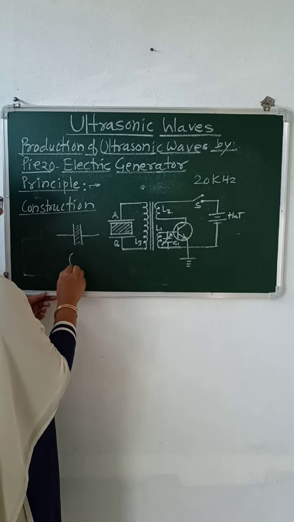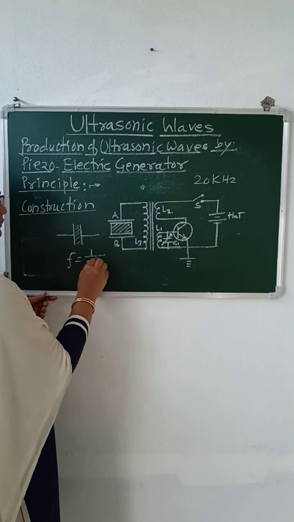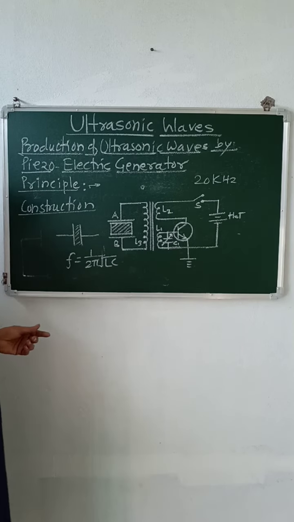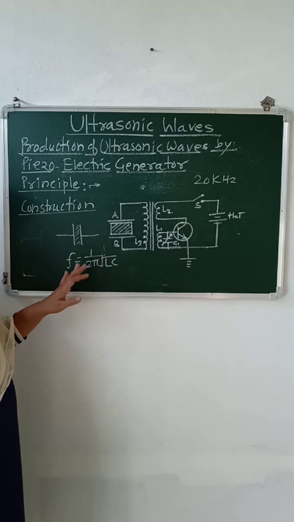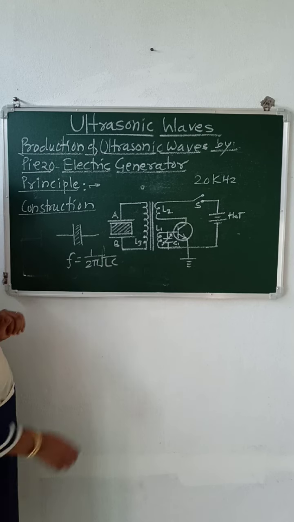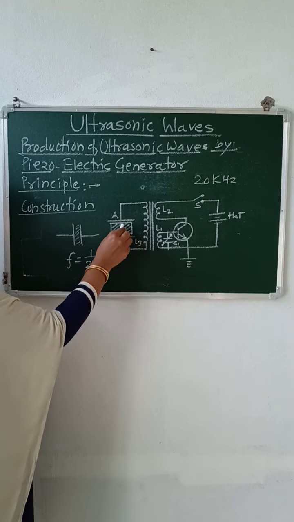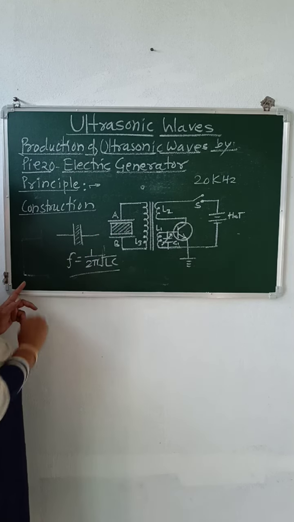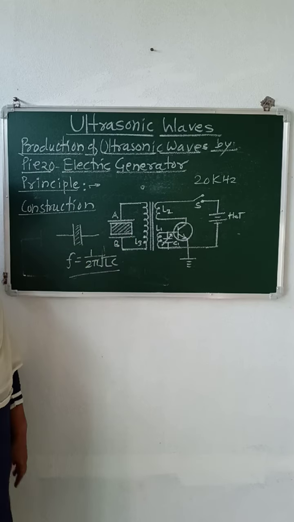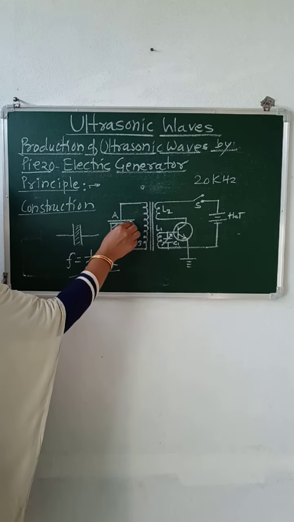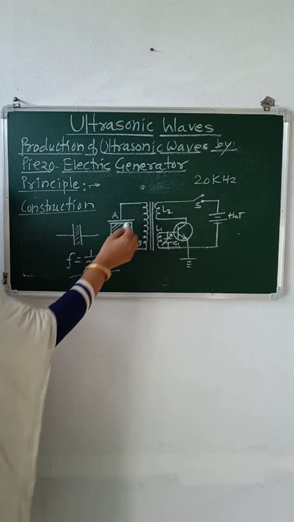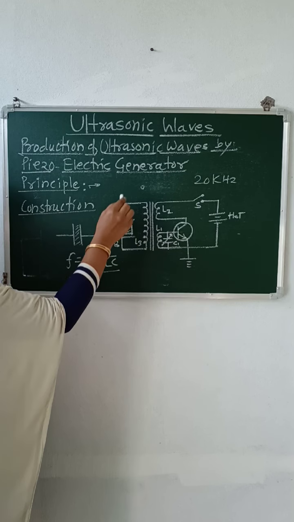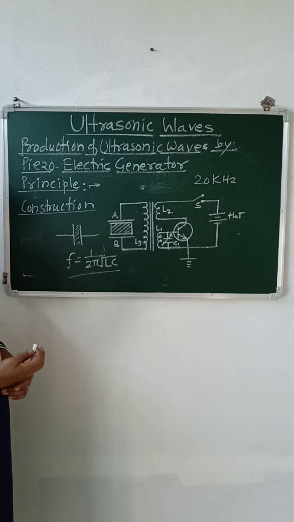That is, the frequency of the circuit is F equal to 1 upon 2 pi root LC. It is observed that if the natural frequency of the crystal becomes equal to the circuit frequency, then the crystal goes to maximum vibration, and due to the vibrations, an ultrasonic wave of high frequency is produced.